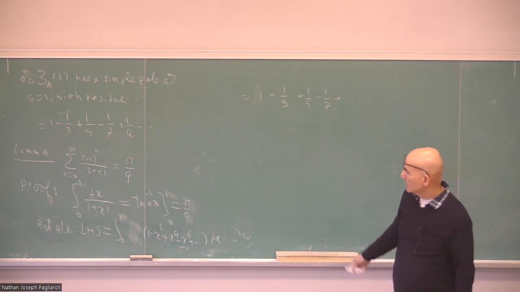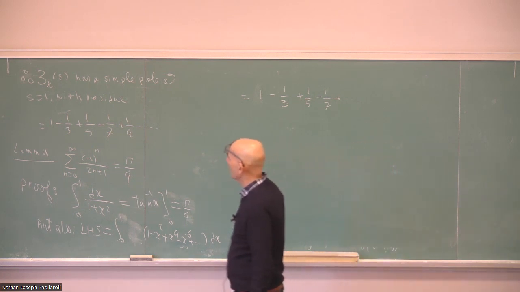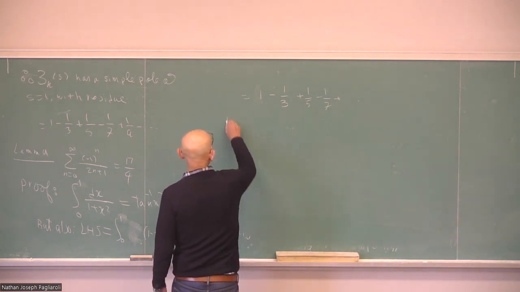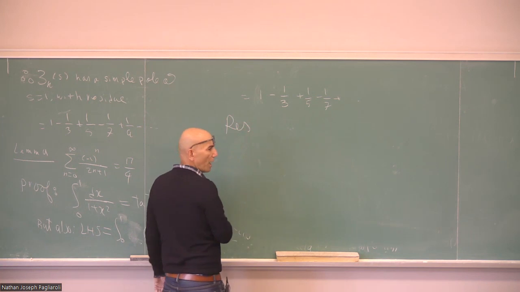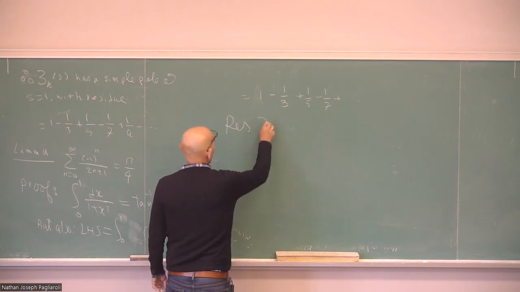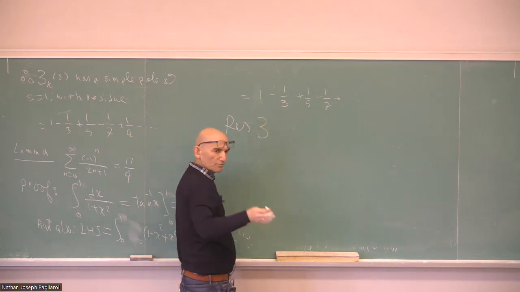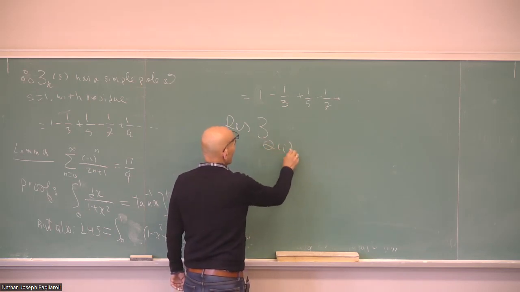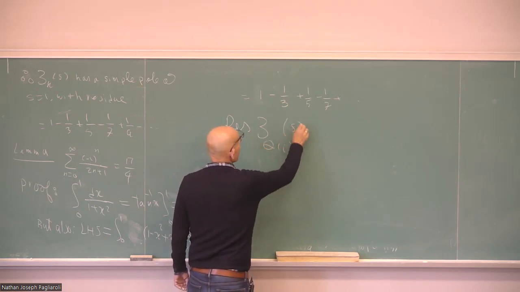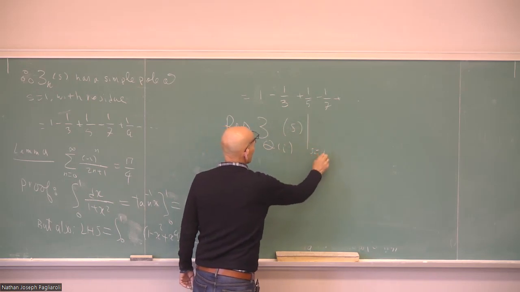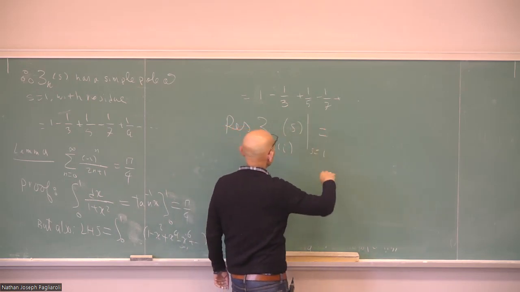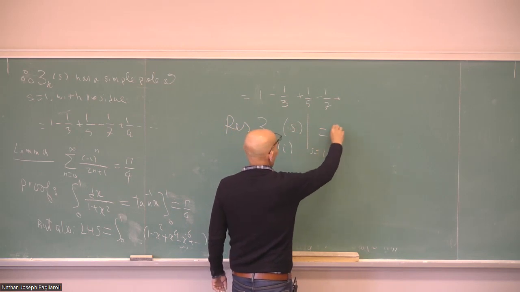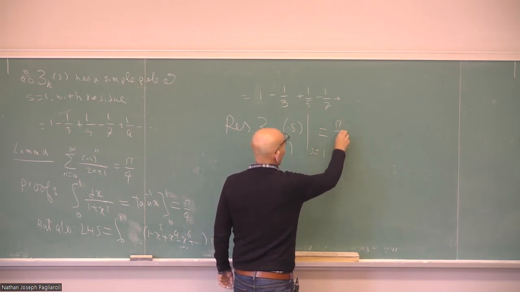Okay, so this is pi over 4. So we arrive at this formula: the residue of the zeta function at s equal to 1 is equal to pi over 4.